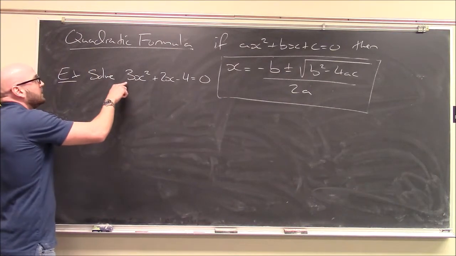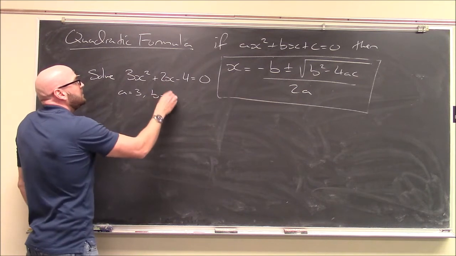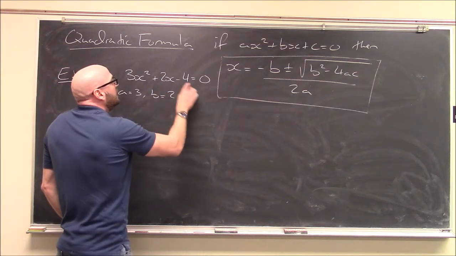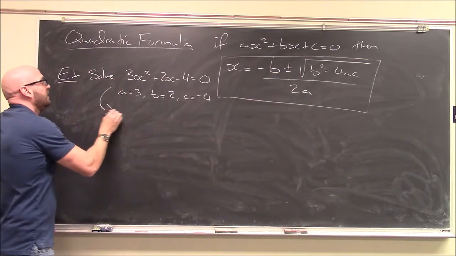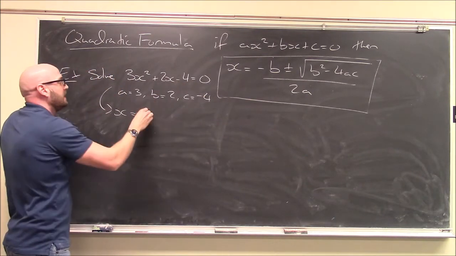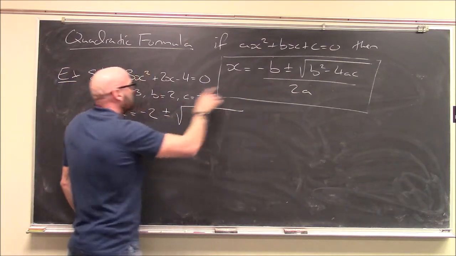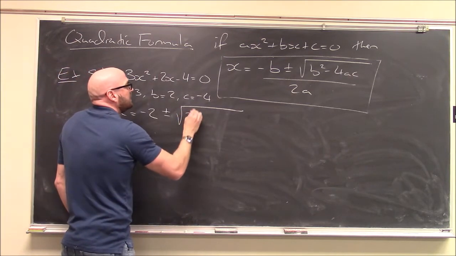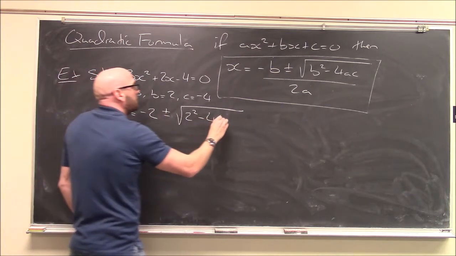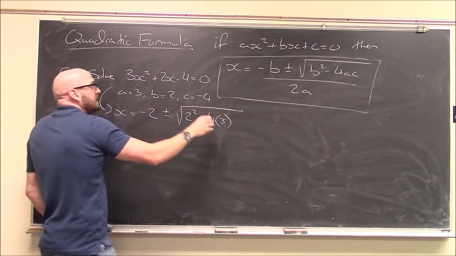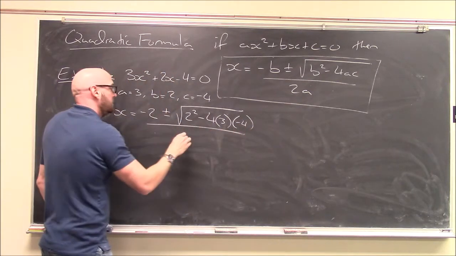Let's just make a few notes here. What is a? a is 3, b is 2, and c is minus 4. So my solutions are going to be, x is going to be minus b, so minus 2, plus or minus the square root of b squared, 2 squared, minus 4 times a, 4 times 3, times c, minus 4, all over 2 times 3.